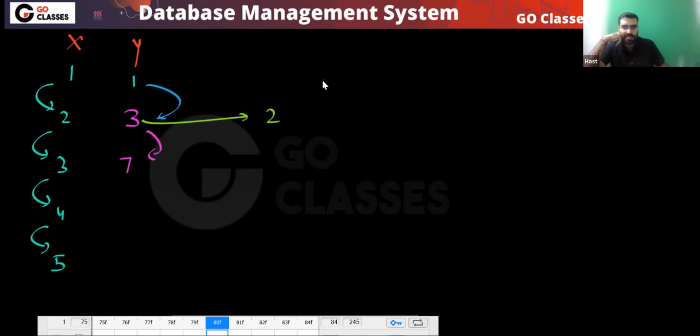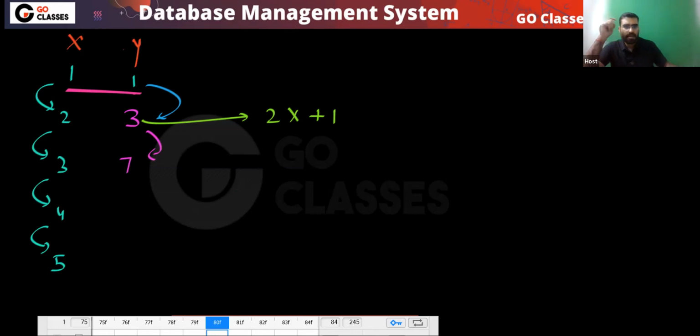This value is same as x, right? Here I can say that initially x was 1. Now x is only increasing by 1, 1. This value is basically, I can say this is 2x plus 1, right? If this is your x, then this is 2x plus 1.